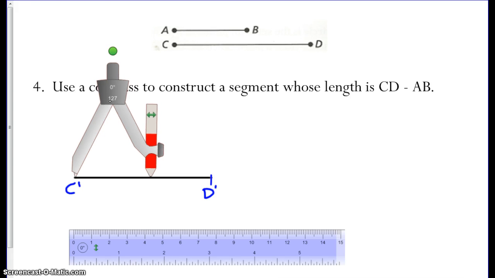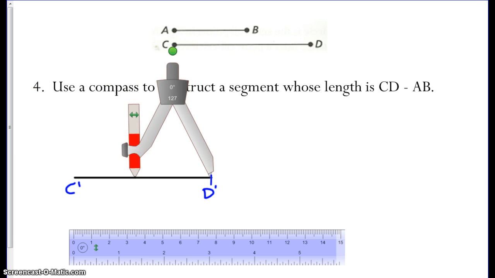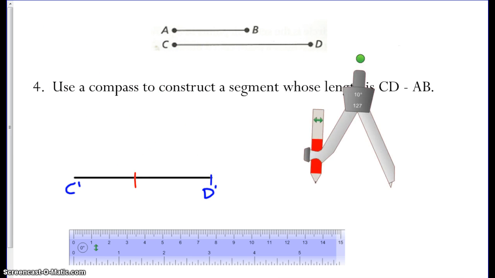So I'm going to go to the end of the segment and mark the length of AB. Okay? So I had CD and now I'm going to subtract the length of AB. And now we have our new segment length, and this right here is the length of CD minus AB.